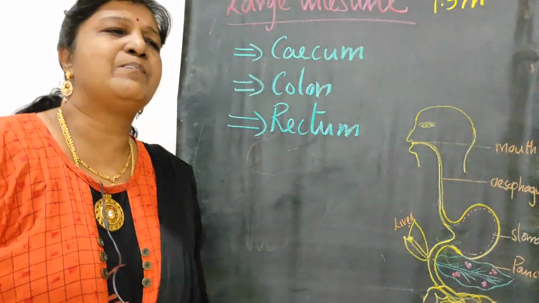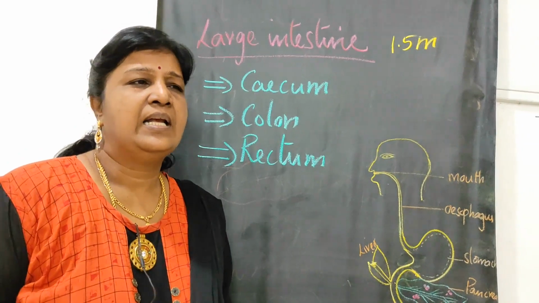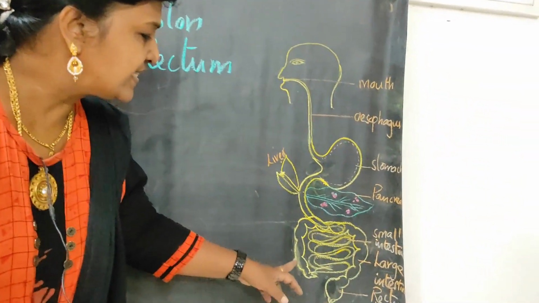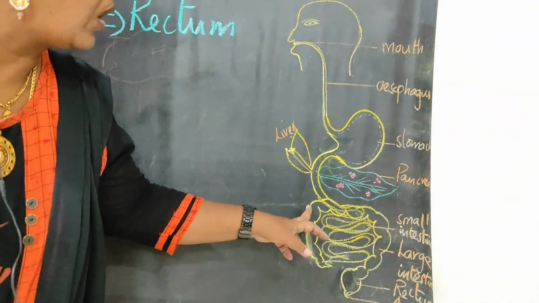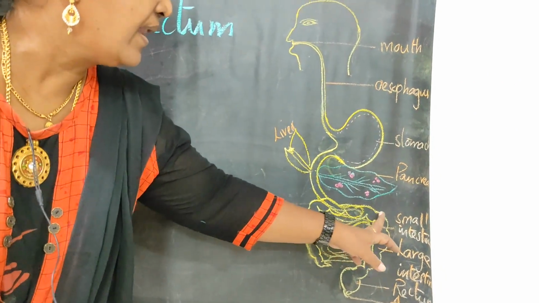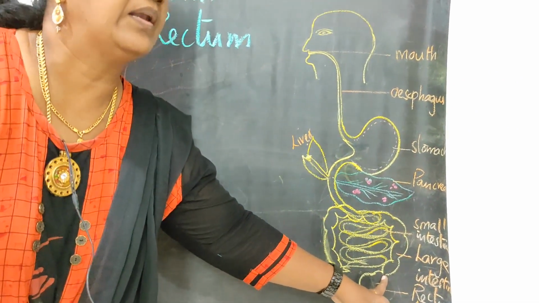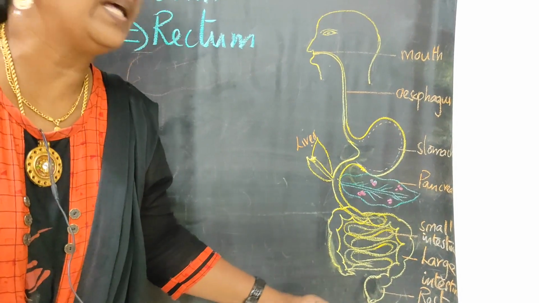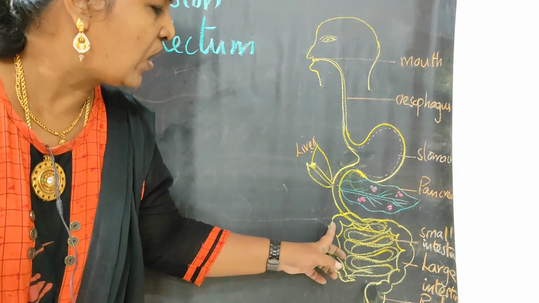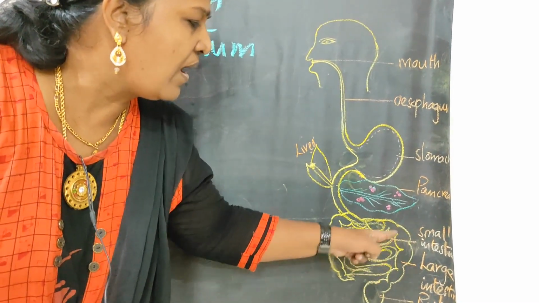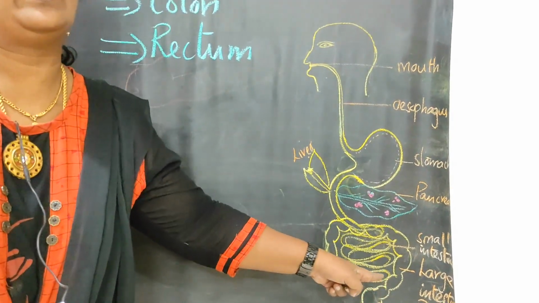The colon is much broader and is formed of the ascending colon, transverse colon and descending colon.